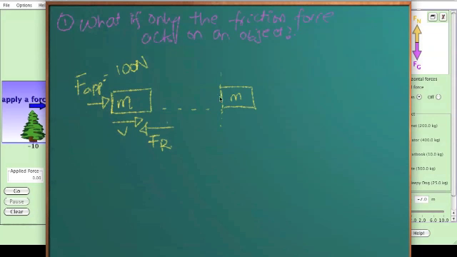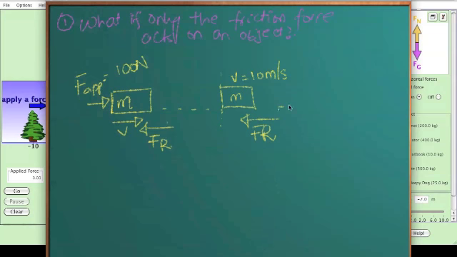So in this scenario, when I leave the box and I'm not pushing it anymore, there is no applied force, and it will already be moving with some velocity, let's say 10 meters per second. So what happens? The only force that will be exerted in this case would be the friction force, which would be trying to stop this motion.